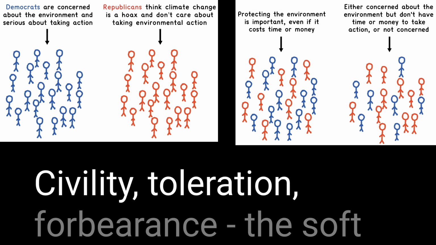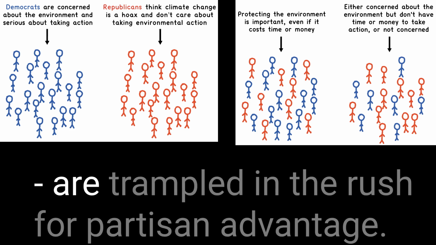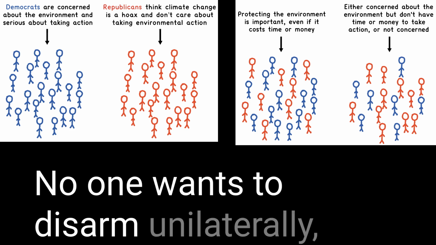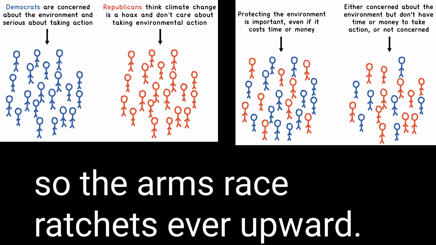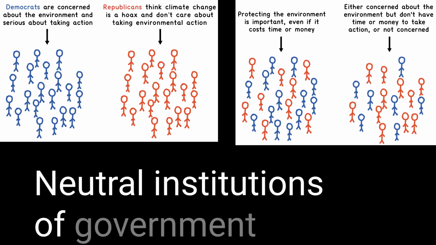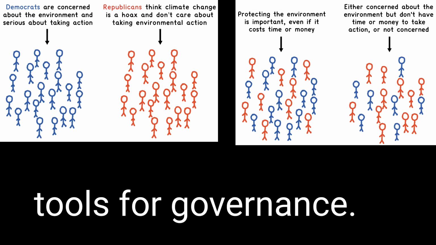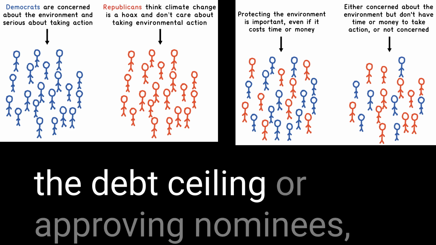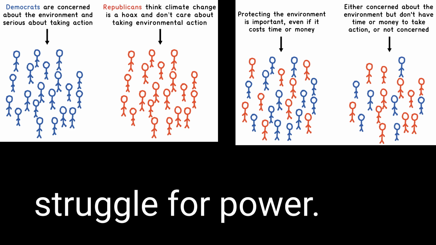Civility, toleration, forbearance, the soft guardrails that long kept the system stable are trampled in the rush for partisan advantage. No one wants to disarm unilaterally, so the arms race ratchets ever upward. Neutral institutions of government become weapons to wield rather than tools for governance. Once routine procedures, like raising the debt ceiling or approving nominees, are weaponized in an all-out struggle for power.